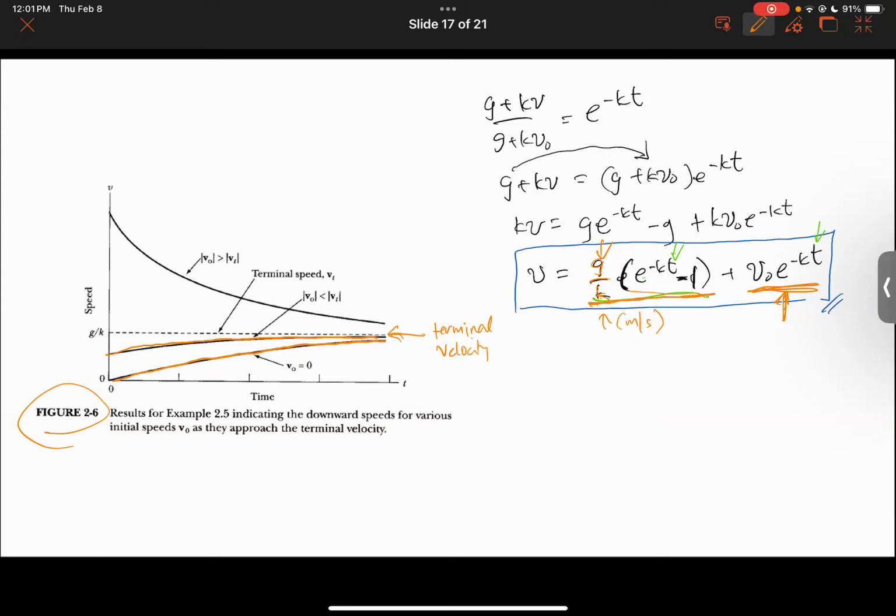Terminal velocity happens when the resistive force is exactly equal to the weight.